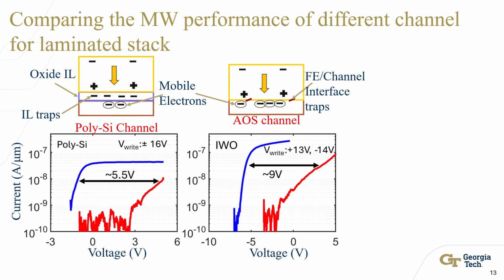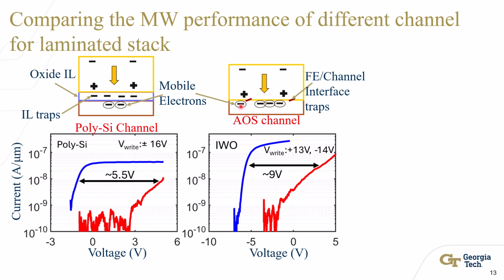However, in case of the amorphous oxide, when we apply the same positive voltage, the ferroelectric polarization is aligned in the same way as we showed for the polysilicon channel. Here, since there is no oxide interlayer, there are some FE-channel interface traps, but the polarization charges are primarily screened by the electrons that are present in the channel.